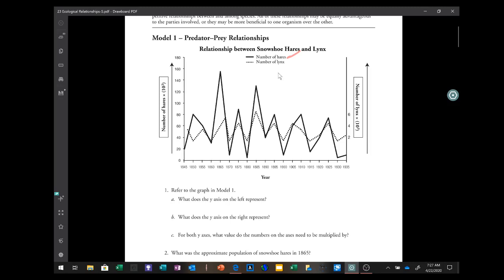When their population goes up, that's going to give more food, if you will, for the mountain lion. And that'll allow the population of the mountain lions to increase because there's more abundant resources for them to thrive on. As they exhaust those resources, in other words, as the population of the predator goes down, you can see where it's going down here.